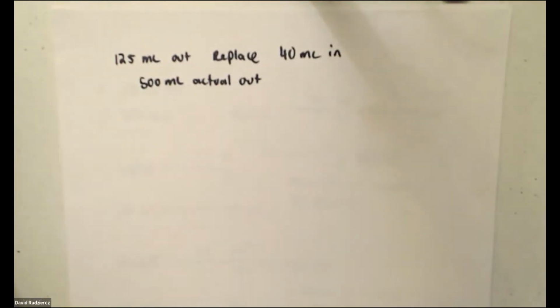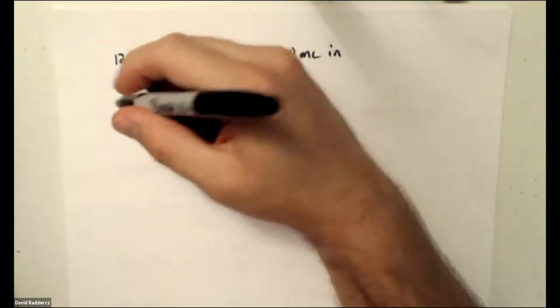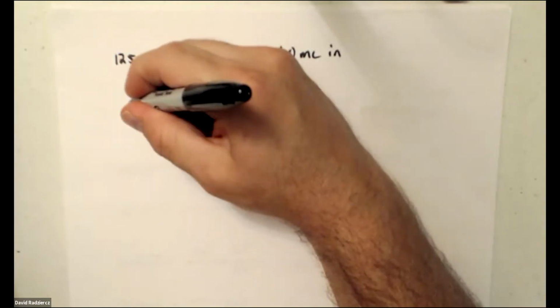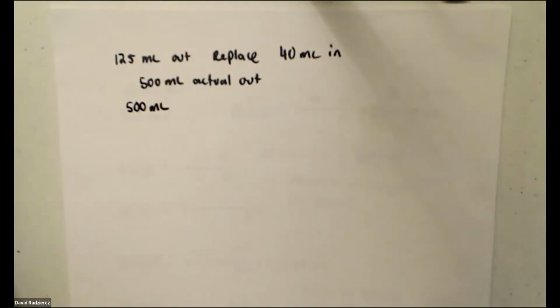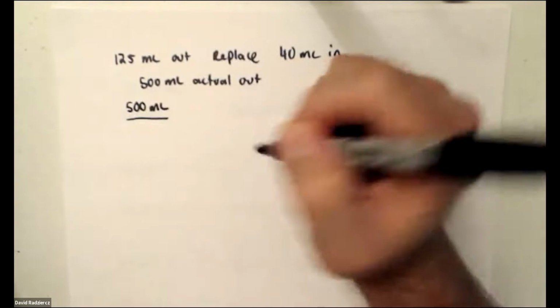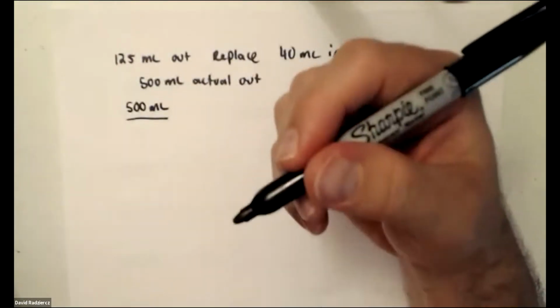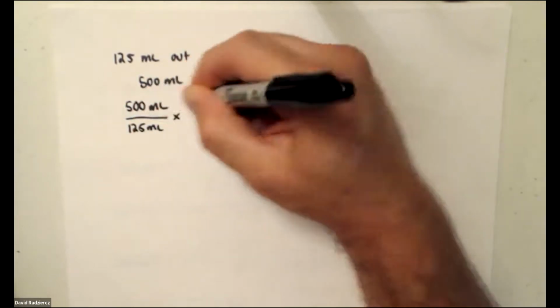So applying the formula that I gave you, if you do it this way every single time, you will get these right. The actual output was 500 milliliters. The theoretical or expected or given output was 125. And the replacement volume is 40.